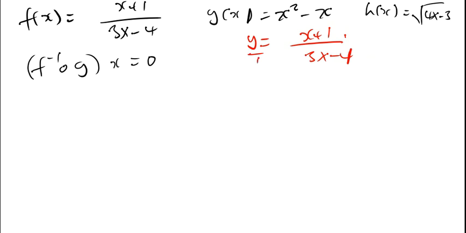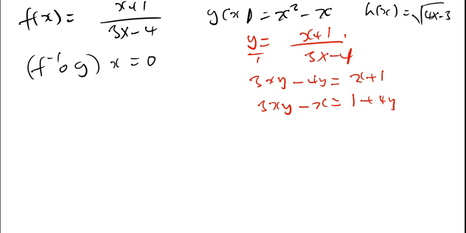Let us make x the subject of the formula. So it will be 3xy minus 4y is equal to x plus 1. I'm going to shift x to the other side, 4y to the other side. 3xy minus x is equal to 1 plus 4y. I'll make x the subject of the formula: x times 3y minus 1 is equal to 1 plus 4y.